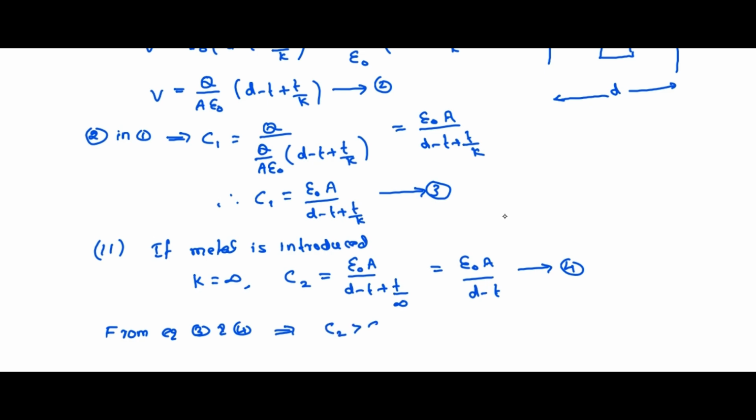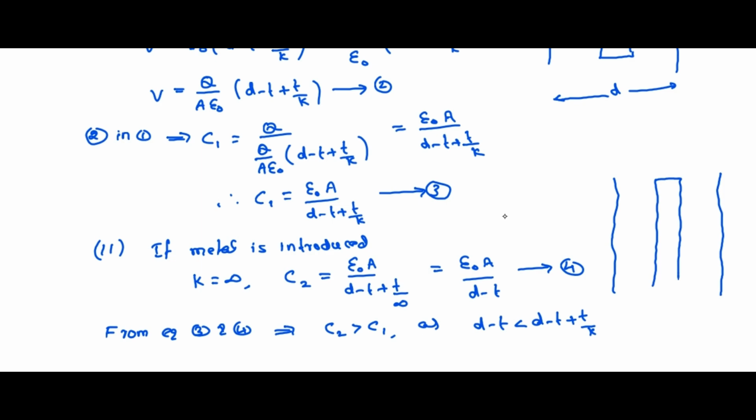C2 will be more than C1 as D minus T is smaller than D minus T plus T by K. That means if you are taking this metallic plate or metal inside the capacitor, inside this metal E value is 0. That's why definitely C2 will be more than C1.